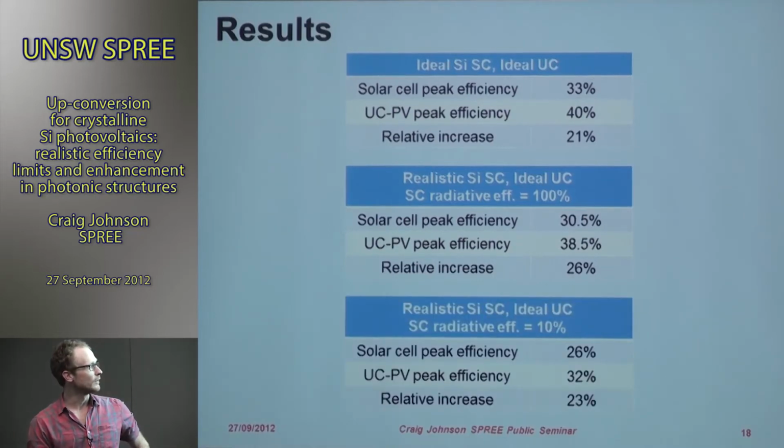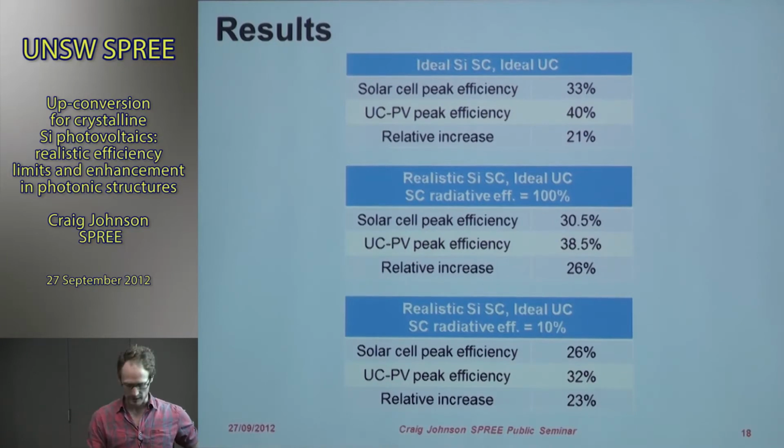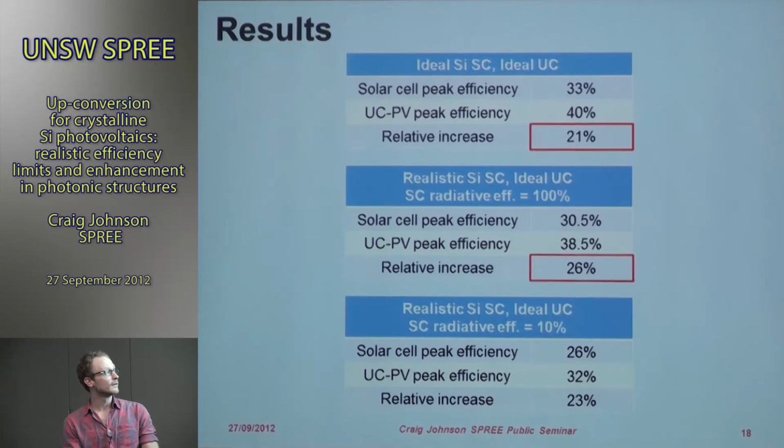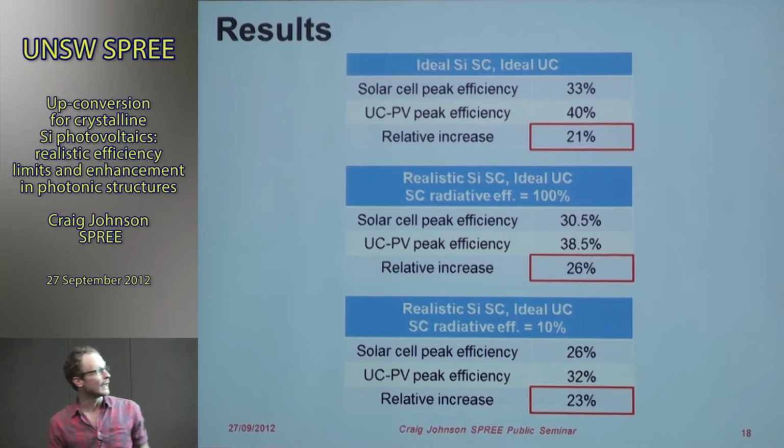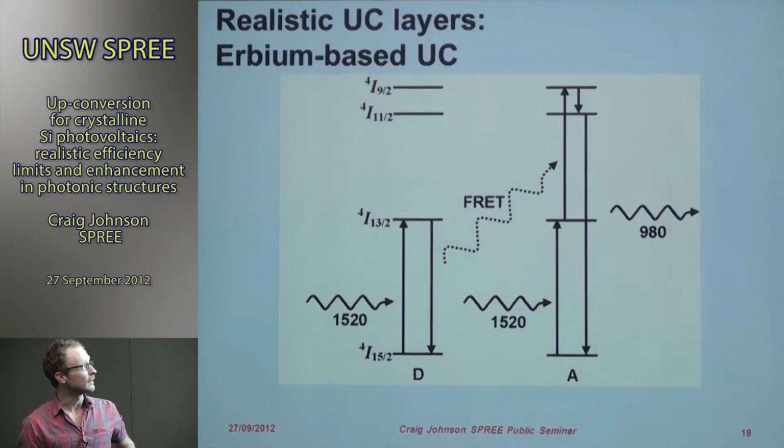And you get a similar result for a realistic solar cell with 10% radiative efficiency and an ideal upconverter: 26% peak efficiency for the solar cell, 32% upconverting efficiency, that's a 23% relative increase. So you can see that, interestingly, an ideal upconverter does better for a more realistic solar cell than for the ideal case. It may not be terribly surprising, but I think it is interesting.